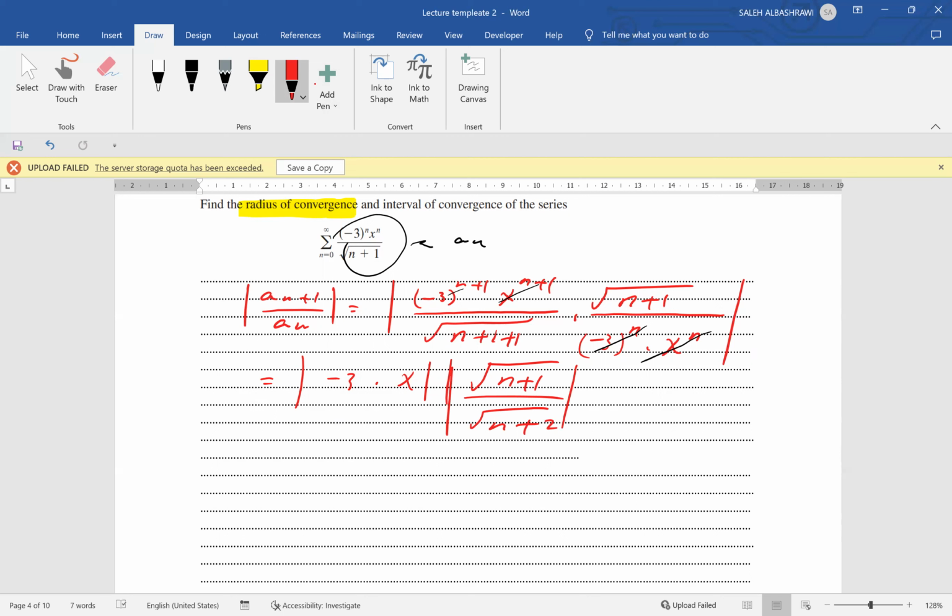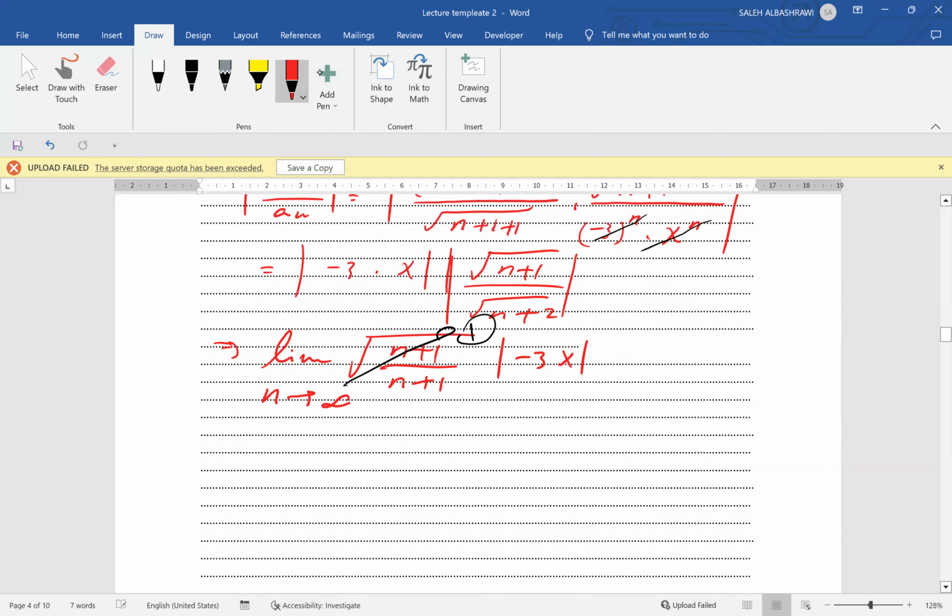Now the limit for this fraction, the square root of n plus 1 over n plus 2, I can write as the square root of 1, multiplied by minus 3x as n goes to infinity. But we know that the limit for this one is equal to 1. So I will have, taking the minus 3 outside, 3 times the absolute value of x.